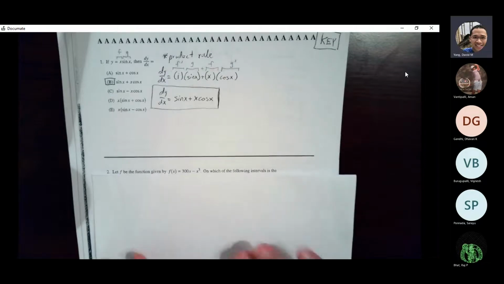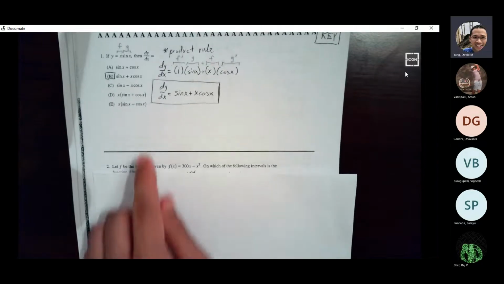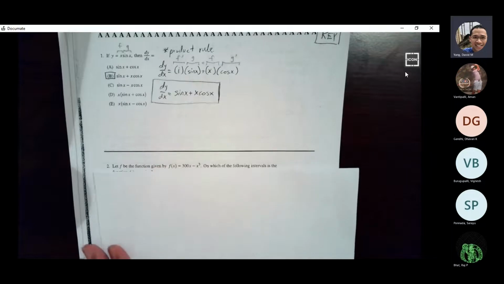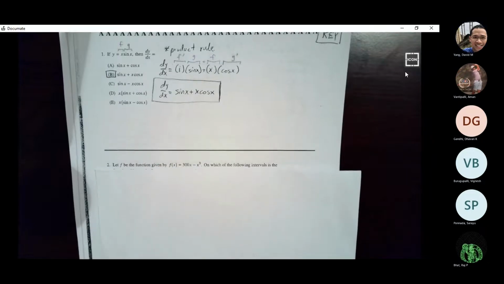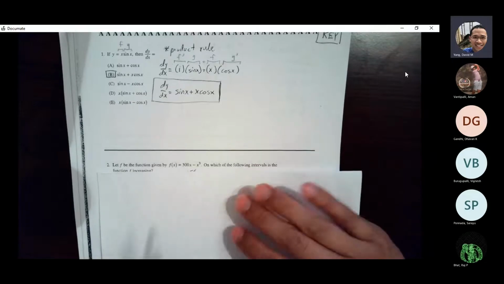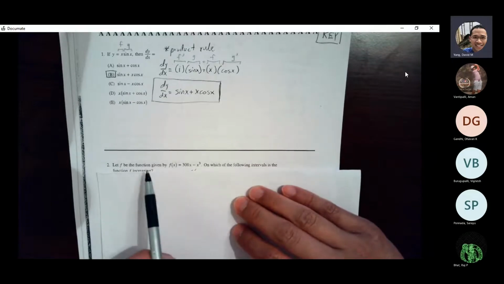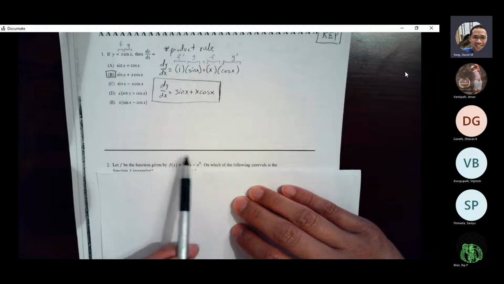All right, number 2. Let f be given by the function 300x minus x cubed. On which of the following intervals is our function increasing? Anything involving increase and decrease, we have to rely on the first derivative, so first derivative test.